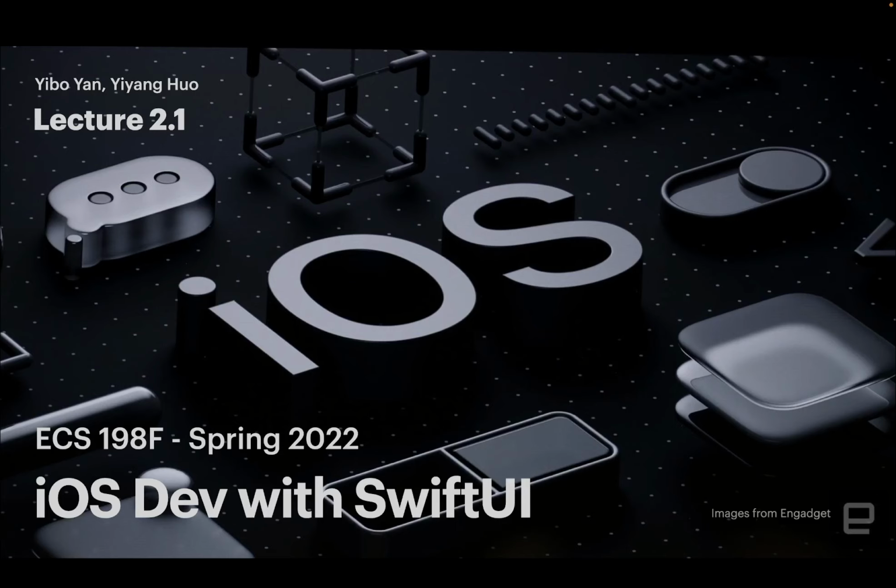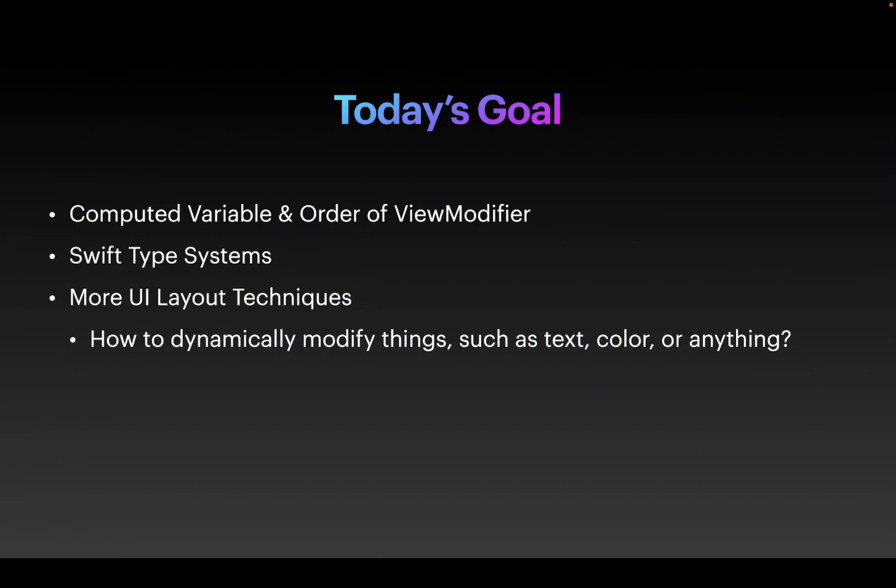And now, let's get started. So today we're gonna talk about Swift type systems, which is quite intense, I would say. Lots of topics to cover. But before that, we're gonna talk a little bit about computed variables and the order of view modifiers. So we already know some view modifiers before.